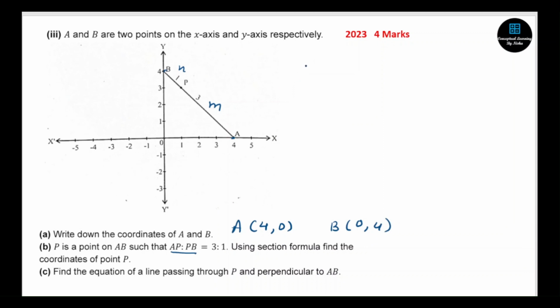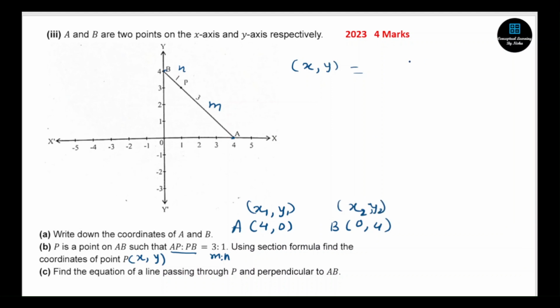Now I apply the section formula to find x, y. You have to write, let the coordinates of P be (x, y), and then apply the section formula. This is nothing but the m to n ratio, and this is your x1, y1, and this is your x2, y2 values.